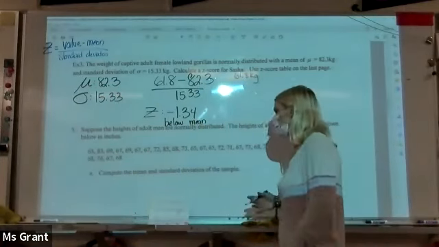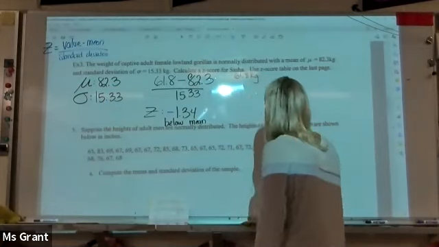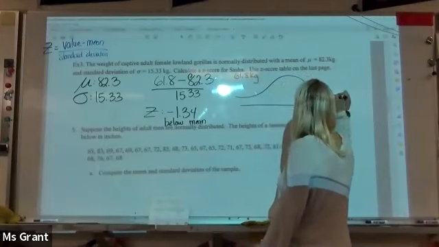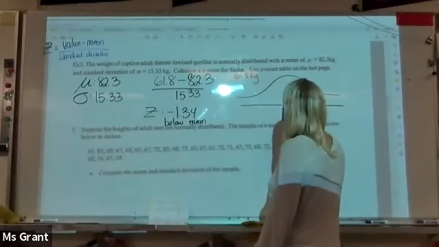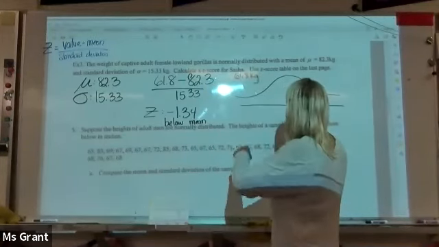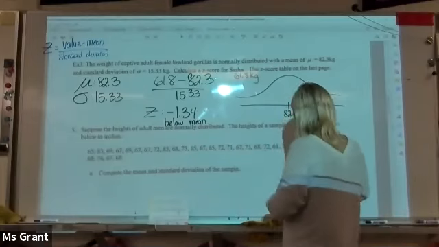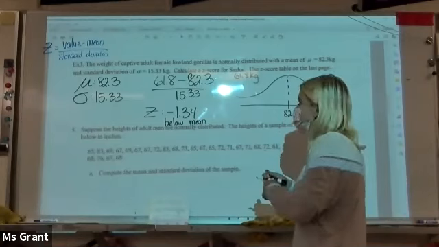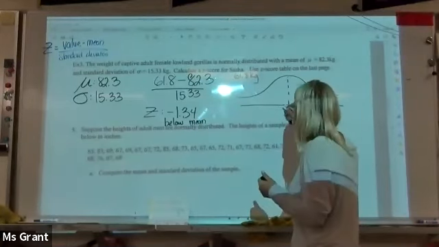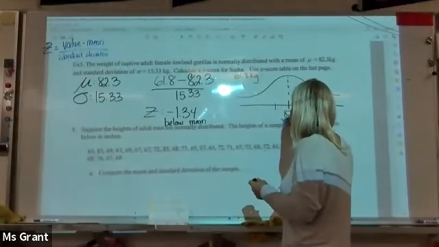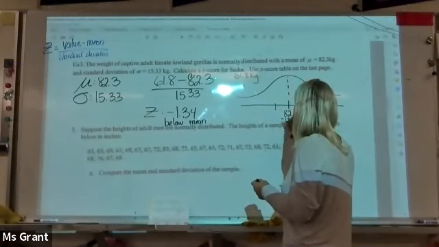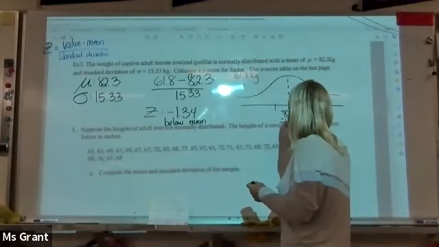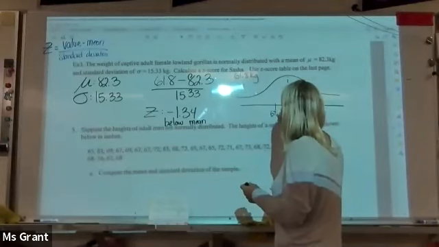Since Sasha is below the weight, that means that she is below average. What's the average? 82.3. If my standard deviation is about 15, 82 minus 15.3, I'm just gonna do that, 67.